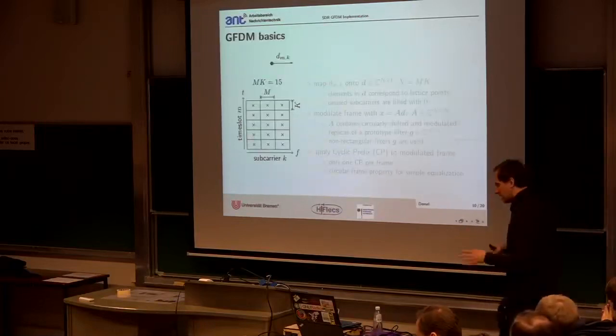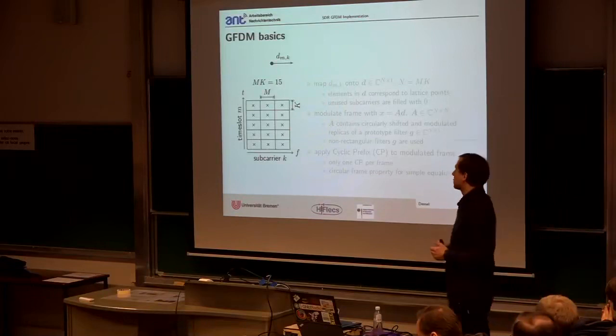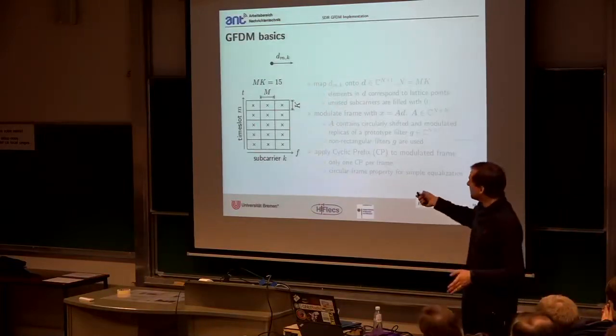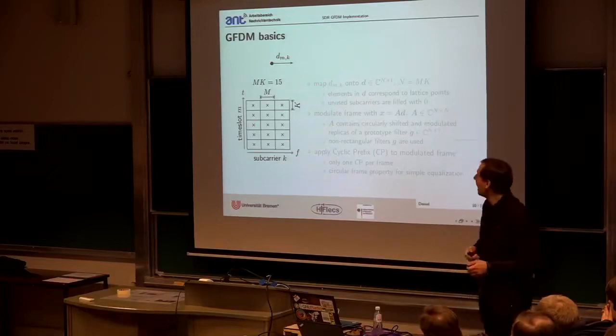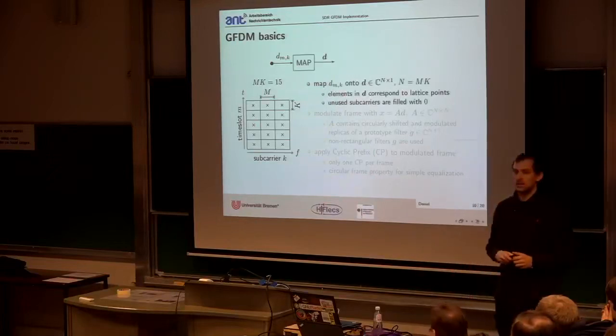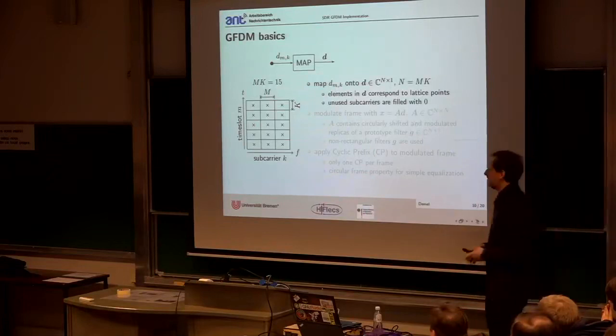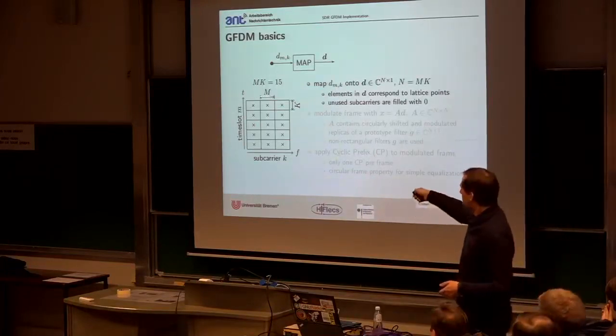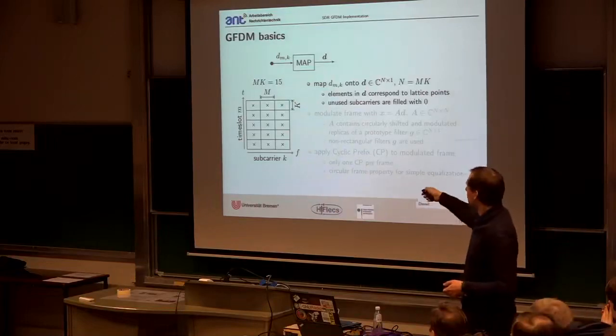So how does GFDM work? Just a quick introduction. First, we assume we have complex symbols, these Ds, and we want to map them to certain resources. So we go here to our resources, and we just map our Ds to these resources.